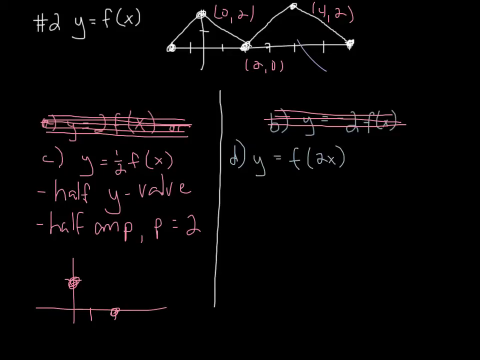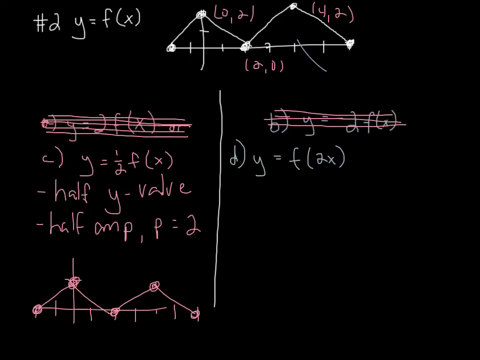But instead of 4, 2, folks, we're at 4, 1. Oh, yeah. Look at that. 6, 0. And negative 2, 0. Nice. Awesome. So that's what it looks like when it's squeezed vertically. It's shrunk vertically.